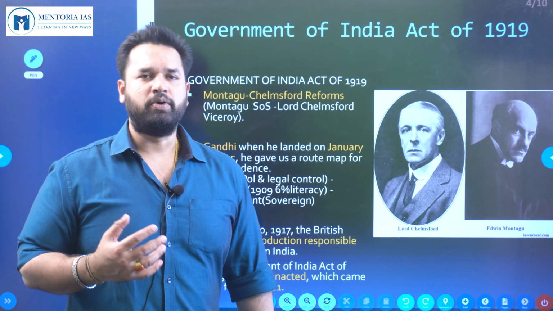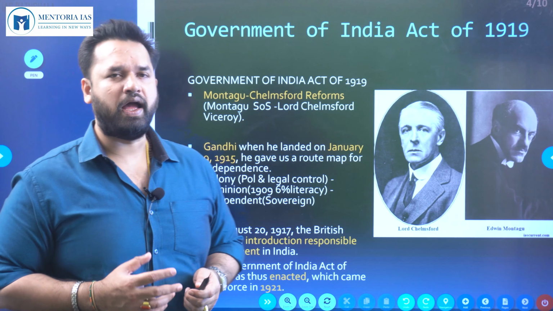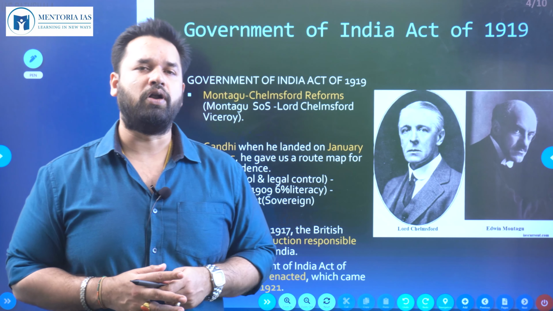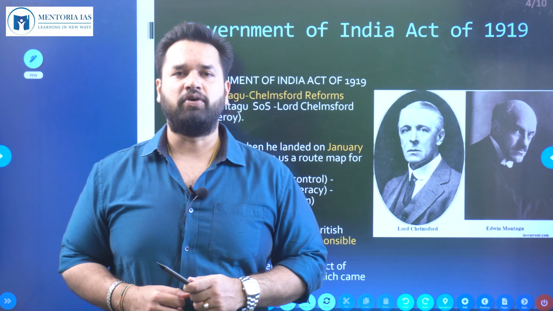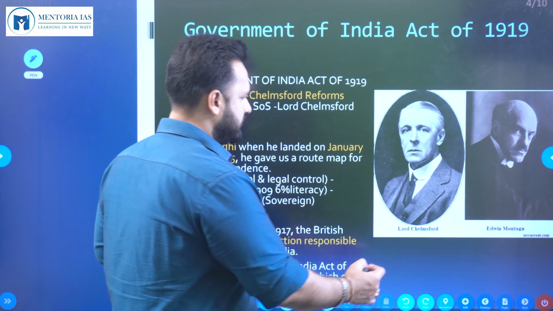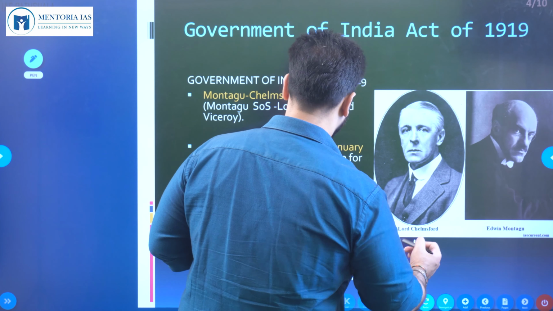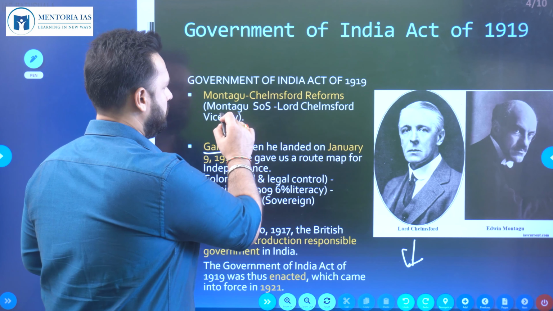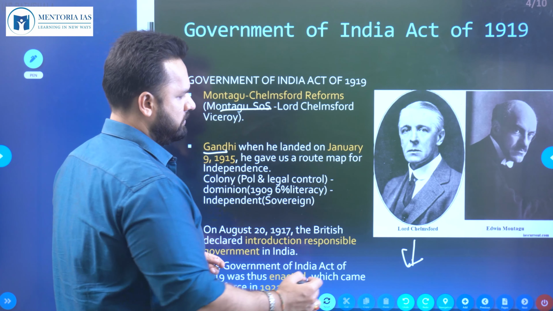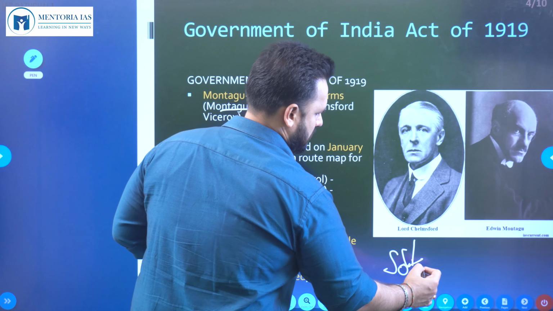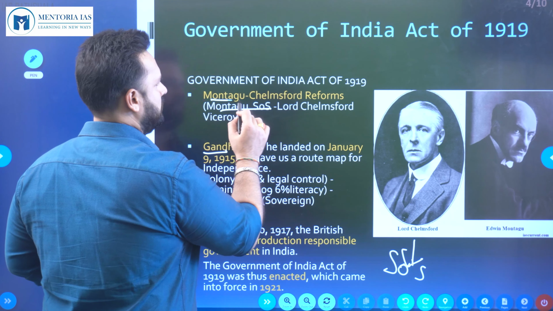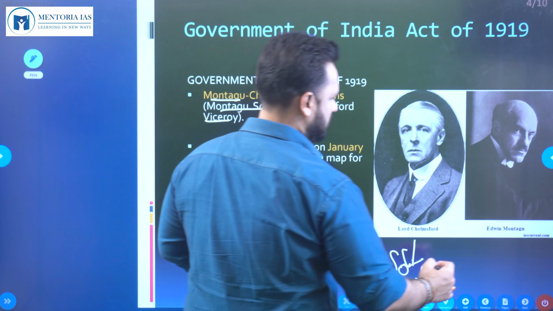Now let us go back to the content. The Government of India Act 1919 is also called the Montague-Chelmsford Report. Chelmsford was the Viceroy, and Montague was the Secretary of State. This gentleman is Chelmsford, the Viceroy.